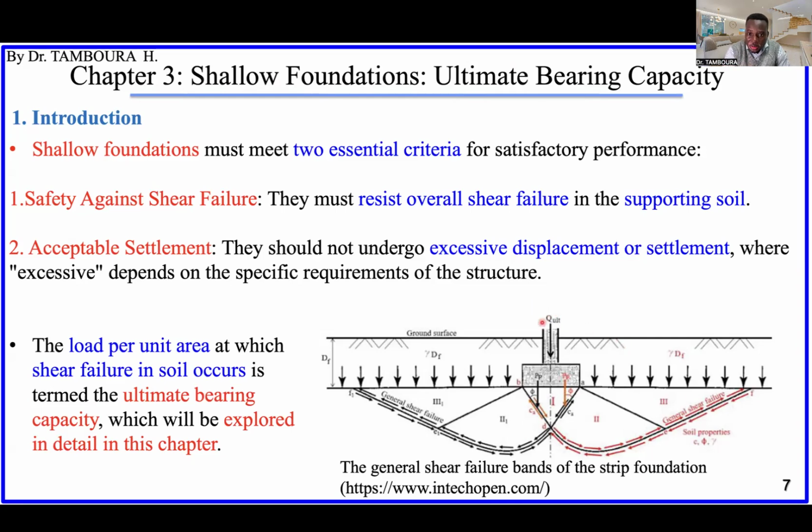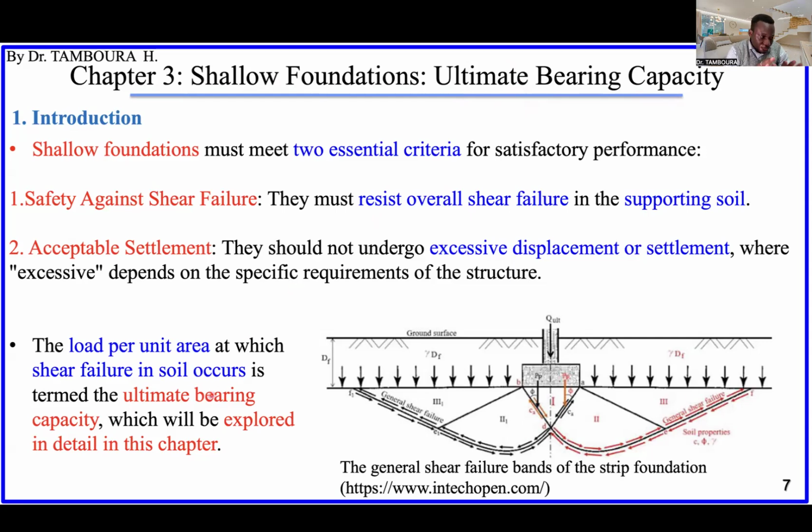The force coming, you can see this arrow is force in kilonewton, but what we need is the pressure under the footing. It means in Pascal or kilopascal. That is load per unit area. The load per unit area at which shear failure in the soil occurs is what we are calling ultimate bearing capacity. This is the title of this chapter. Ultimate bearing capacity.